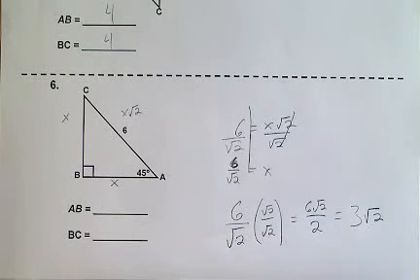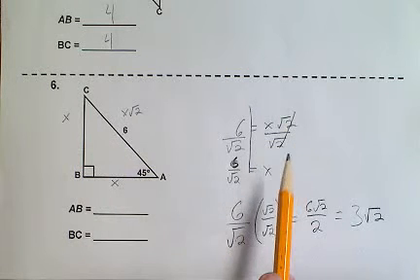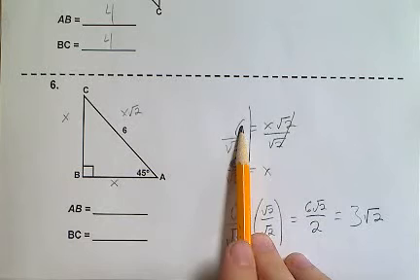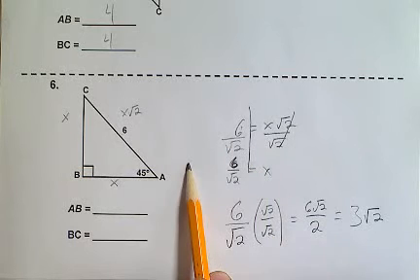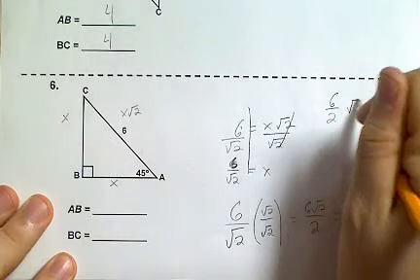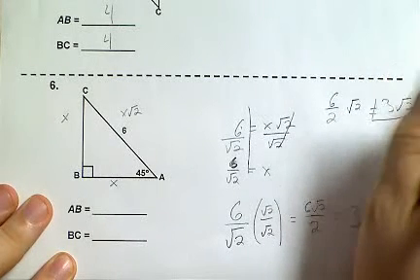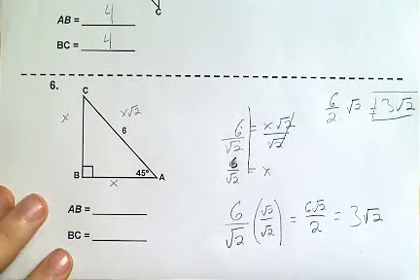Now, there's a shorter way of doing this. If I divide by the square root of 2, I can take my 6, divide by 2, and then multiply by the square root of 2. So 6 over 2 times the square root of 2 is 3 on the square root of 2.